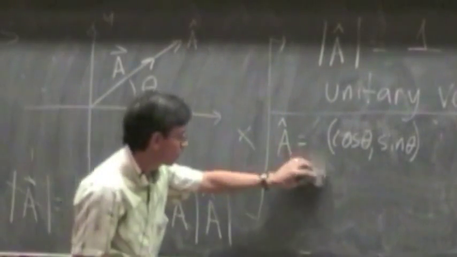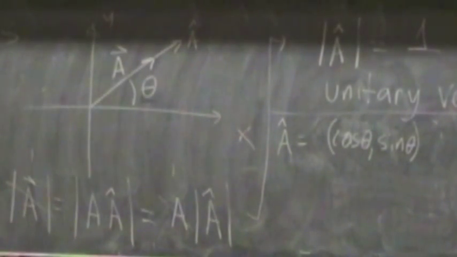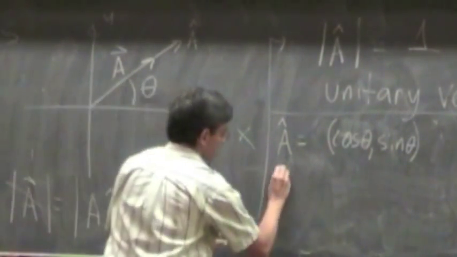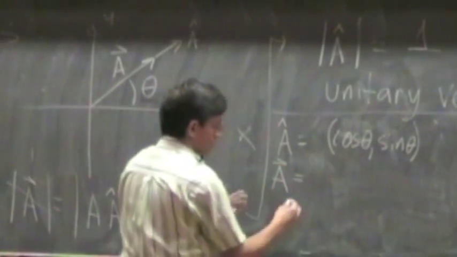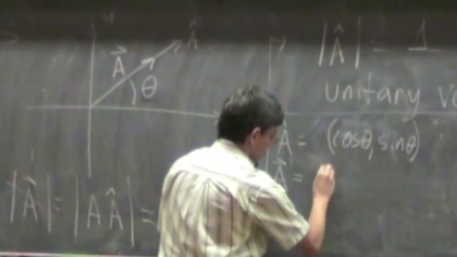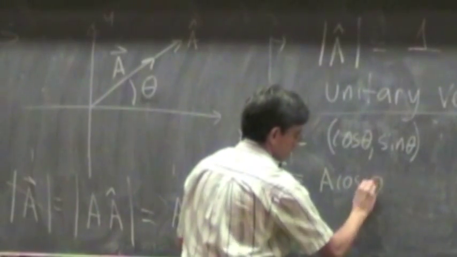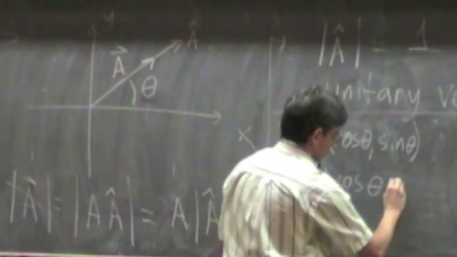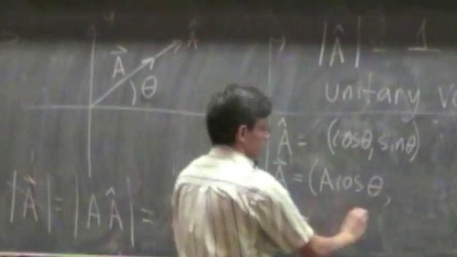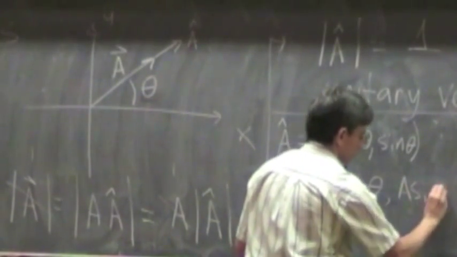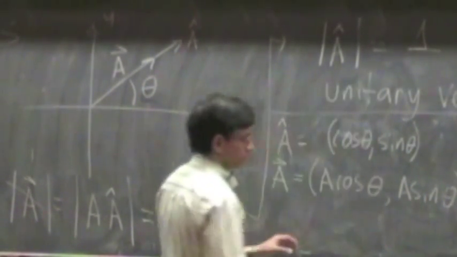How do we know that? Well, what's A? The whole vector A, magnitude and direction, is A cosine theta in the x direction and A sine theta in the y direction.